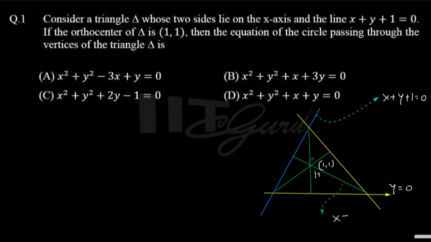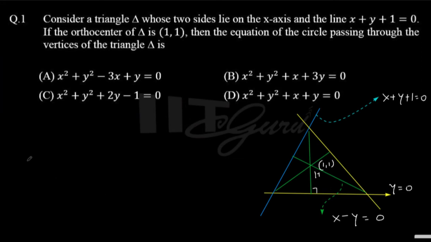As it is perpendicular to the line with slope minus 1, the slope is plus 1. So y equal to x, that is x minus y equal to 0, as it is passing through 0. So here we get the perpendicular of this line, as this is 90 degrees.